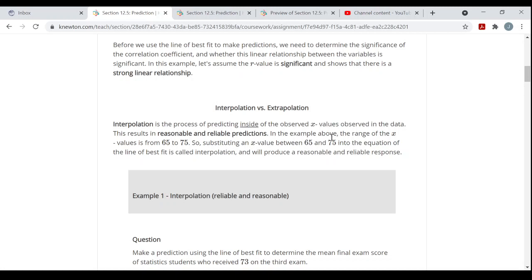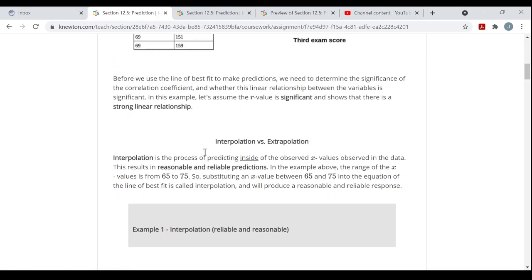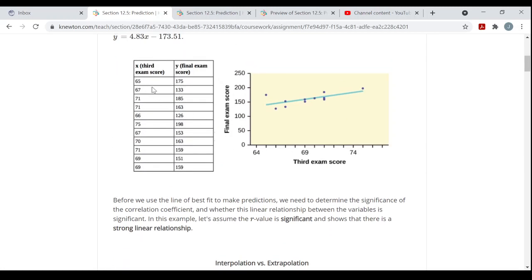In the example above, the range of the x values is from 65 to 75. The lowest x value of any of these blue points is 65, and the highest value of any of these blue points is 75. So if I use the line to make a prediction for the y value for any x value from 65 to 75, it'll be reasonable and reliable.